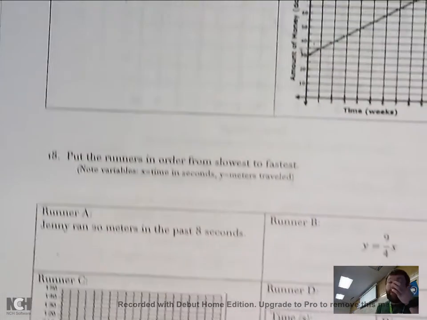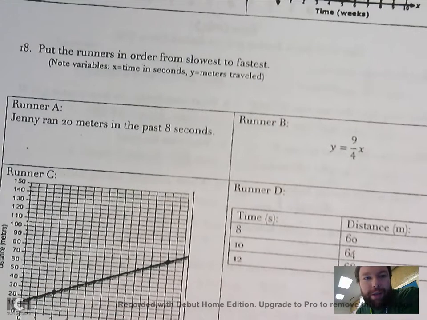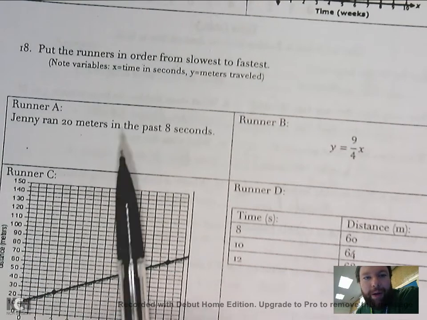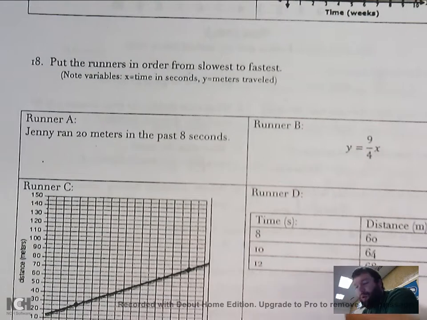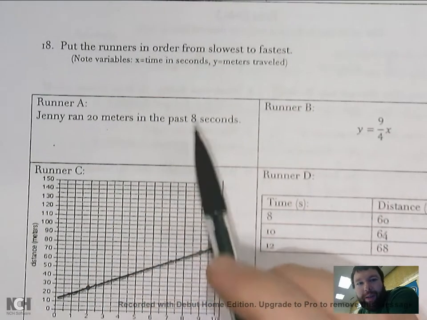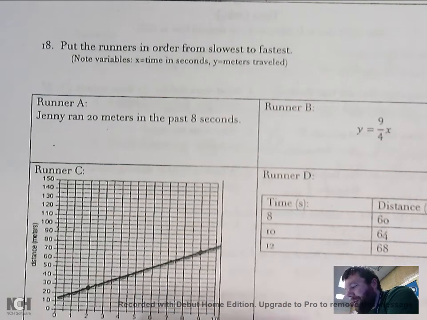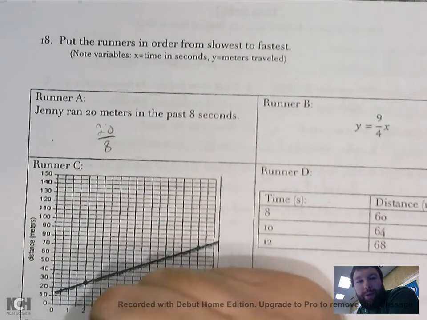Okay, this next one gives me a bunch of runners, and it wants me to order them from slowest to fastest. So when I look at this, Jan ran 20 meters in the past 8 seconds. So that would be 20 over 8, right? That would be his slope.